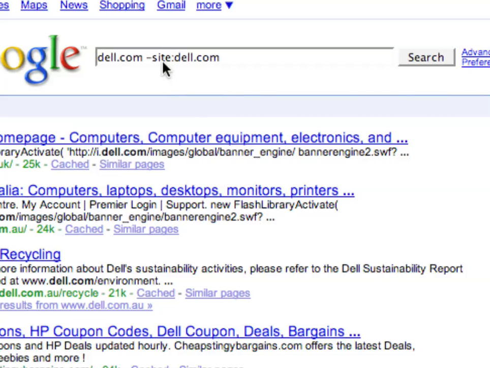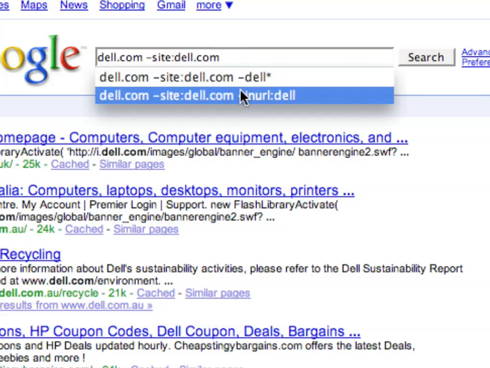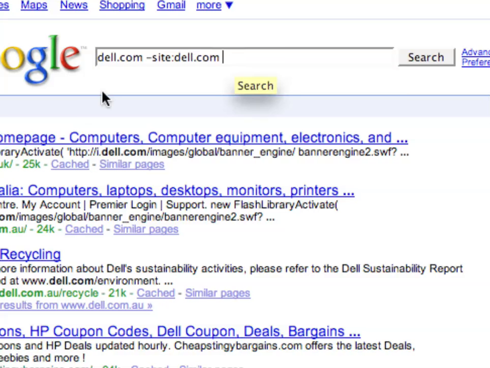And what we want to check are those sites that are not owned by Dell. Something we could do is try to add each one of these sites individually, like minus site:dell.co.uk and minus site:dell.com.au and so forth.